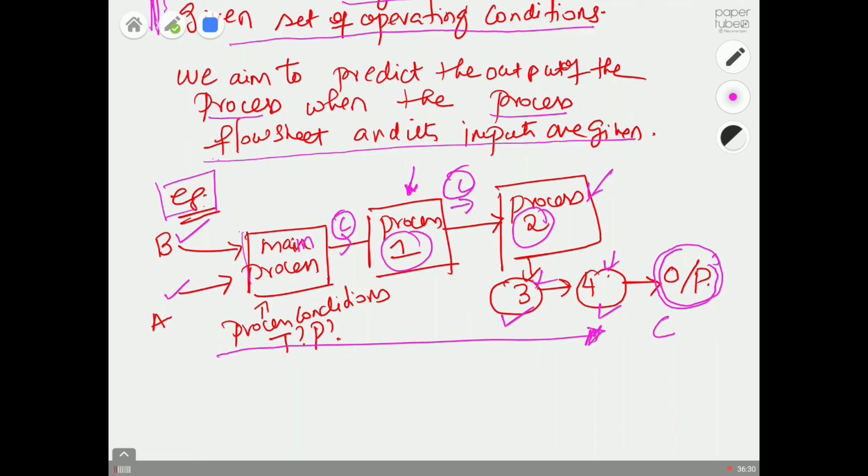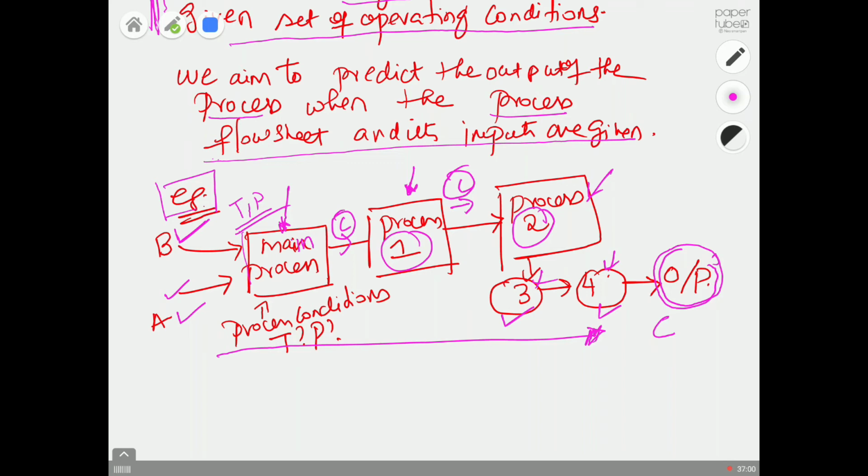But we need to give the right level of information. For the main process we need to provide the right mathematical model. We also need to give the right flow rate, and tell the right operating conditions like temperature and pressure. For example, there are many reactions that can move forward only at a particular temperature. So we need to know what type of process it is. Is it an exothermic reaction?